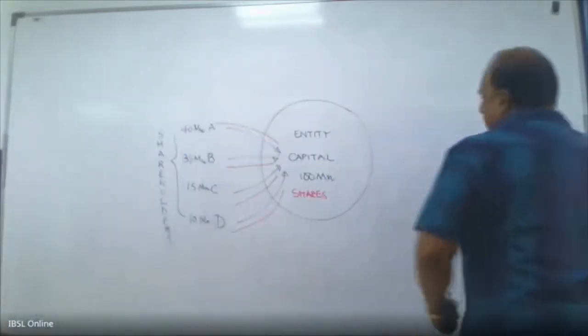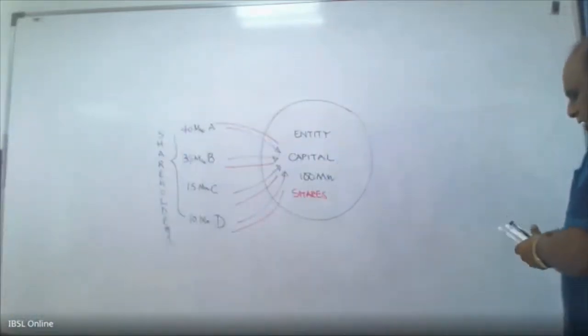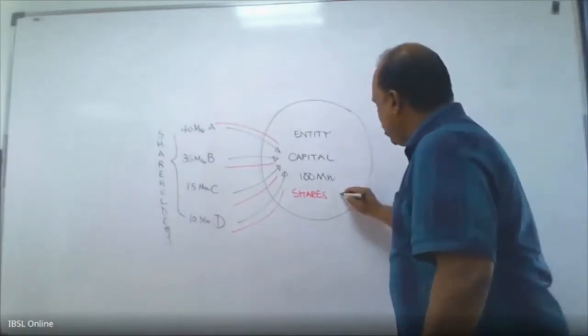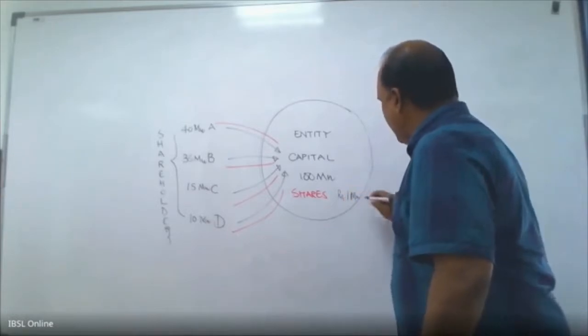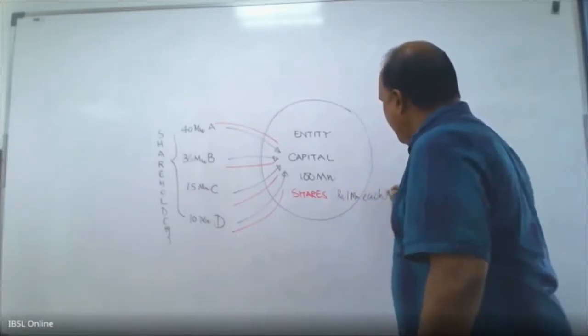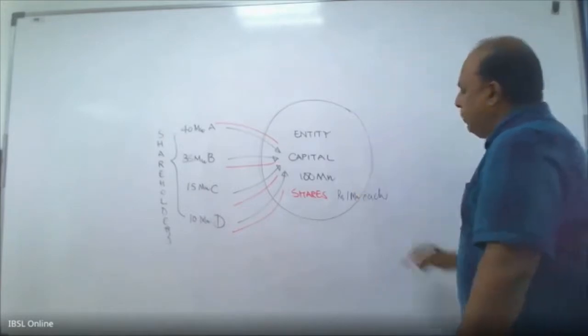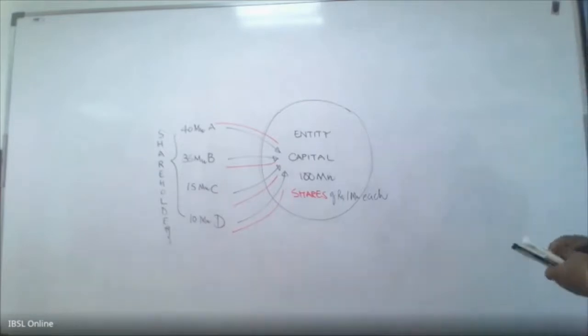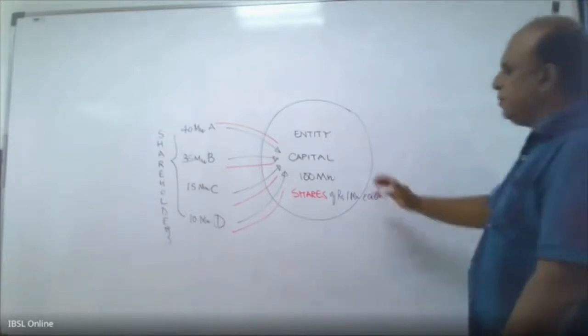Let's say this company issues shares of 1 million each. Right? To simplify this example only, I am telling you 1 million each. So how many shares will this company have?